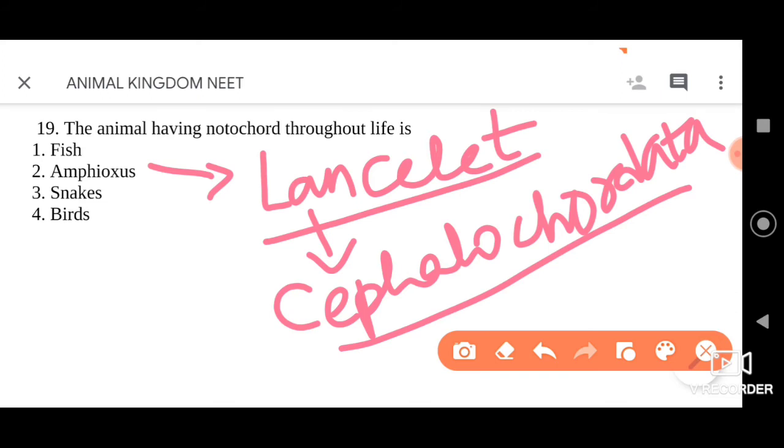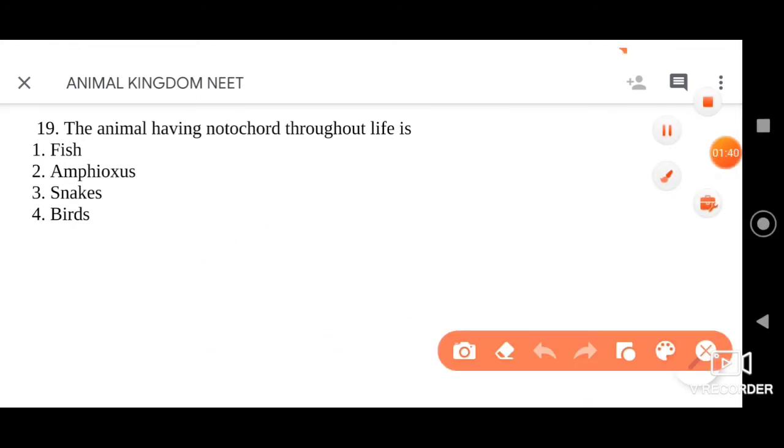So under Cephalochordata, which is a subphylum, the Amphioxus or the lancelet is included. Animals having notochord are referred to as chordates, which I told you.